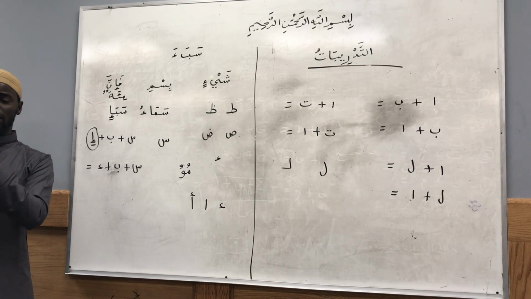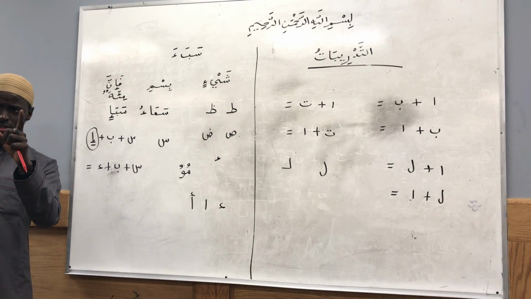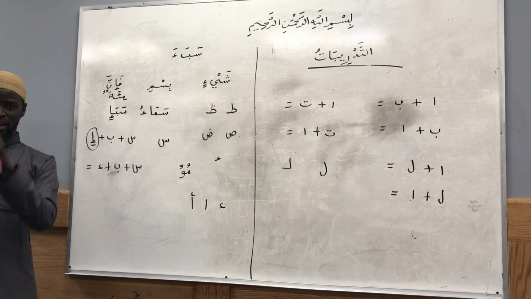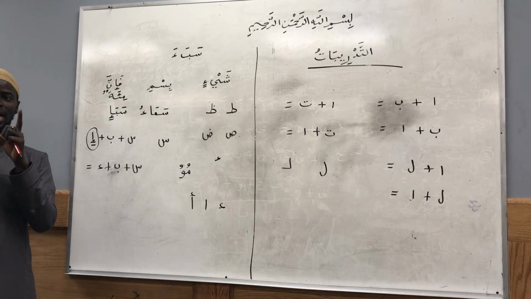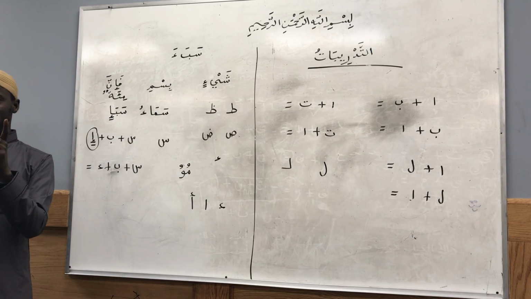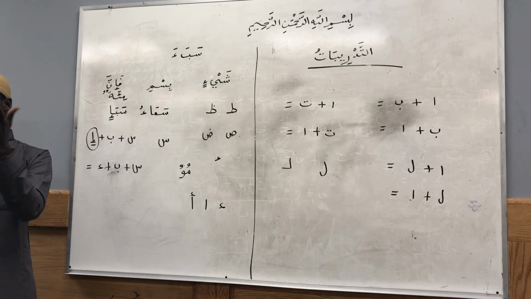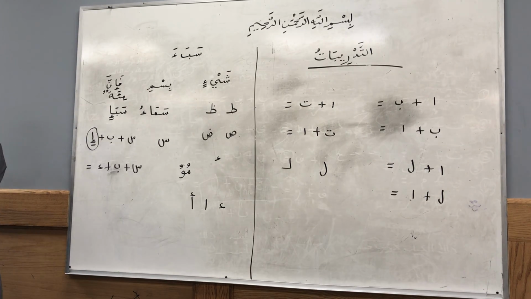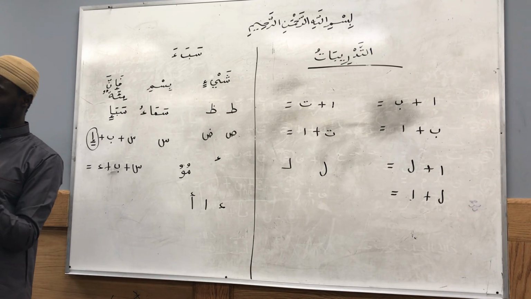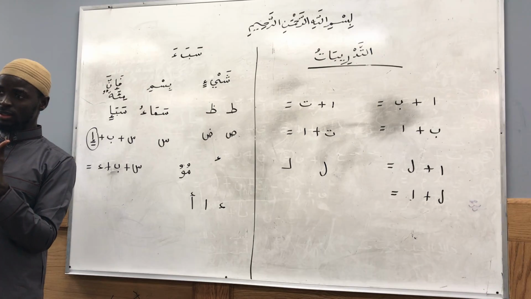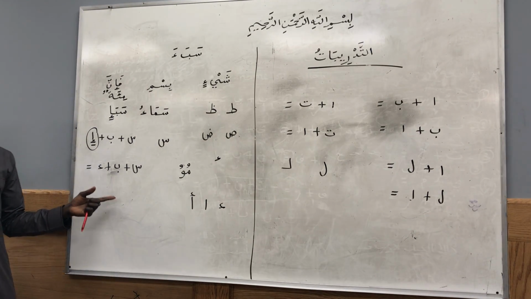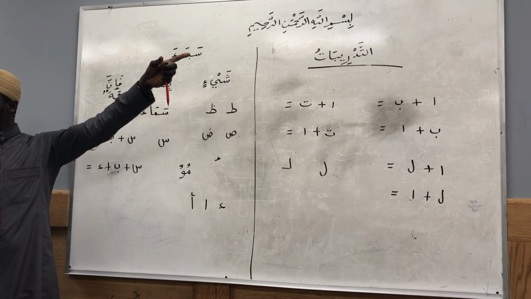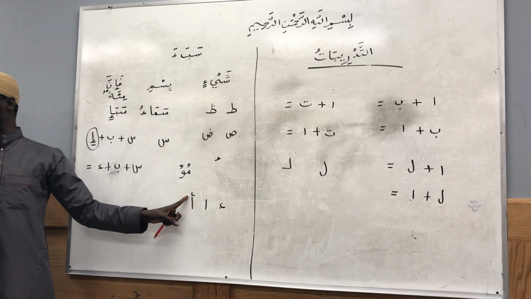The Arabic alphabet, is it 28 or 29? I explained this from the first day. If you say 28, you have an explanation. If you say 29, you have an explanation. That's why some books don't put the Hamza, and then they put it at the top of the alif.